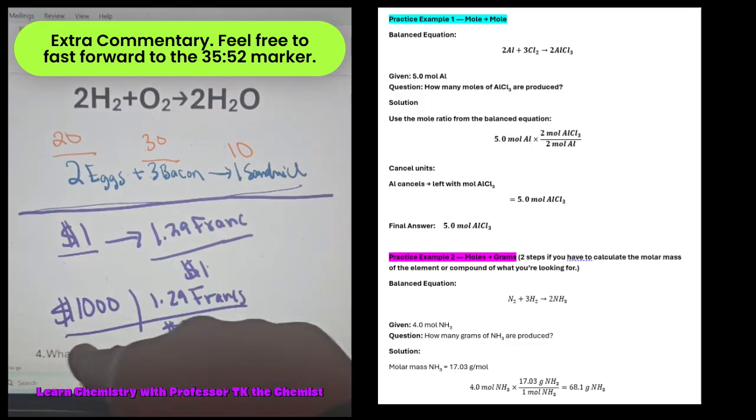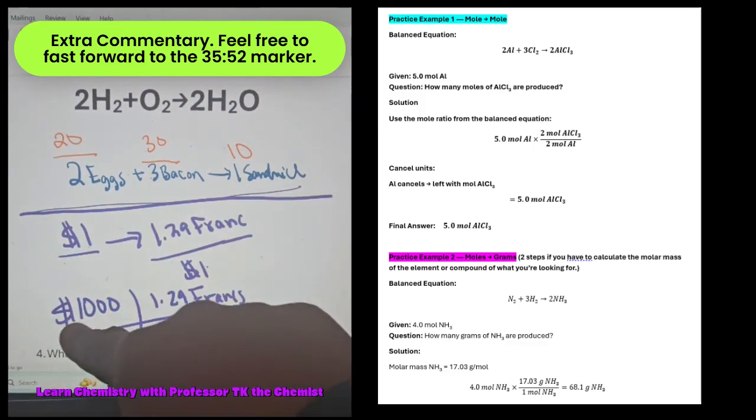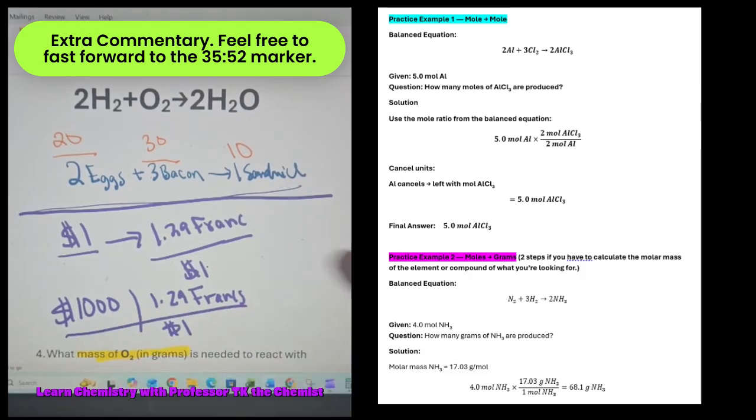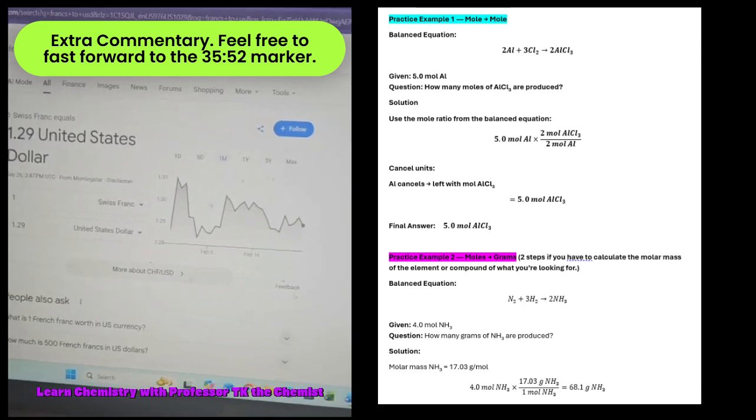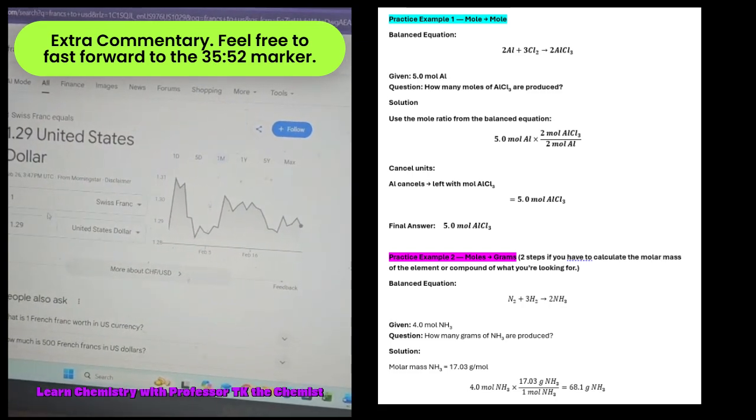All you have to do is multiply 1,000 times 1.29, which equals 1,290.